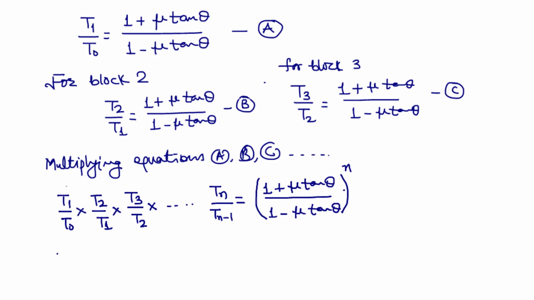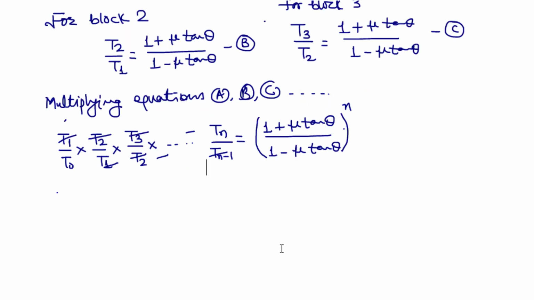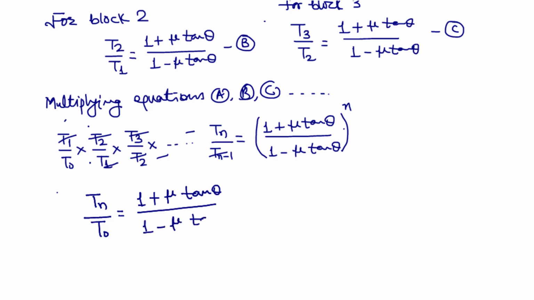Then T1, T2, T3, up to Tn minus 1 cancel out, and the remaining term is Tn upon T0, equal to ((1 plus mu tan theta) upon (1 minus mu tan theta)) power n.